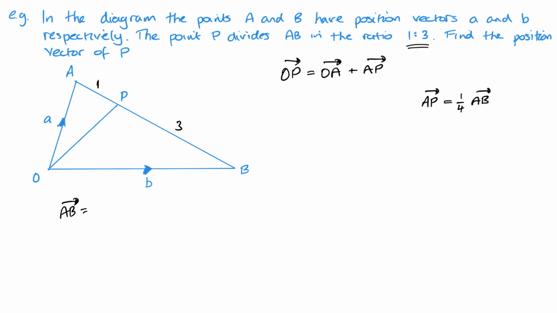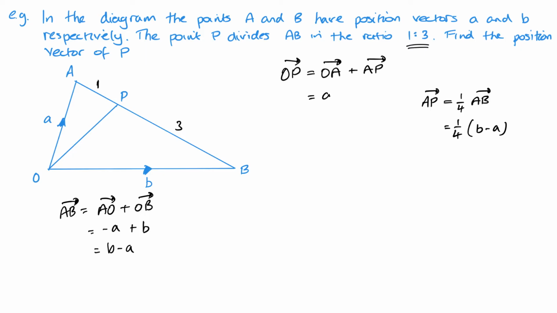AB is going to be A to O plus O to B. A to O is minus a and OB is b, so we get b minus a. Going back up to my AP, we get 1/4 (b minus a), which we can now substitute into my original.